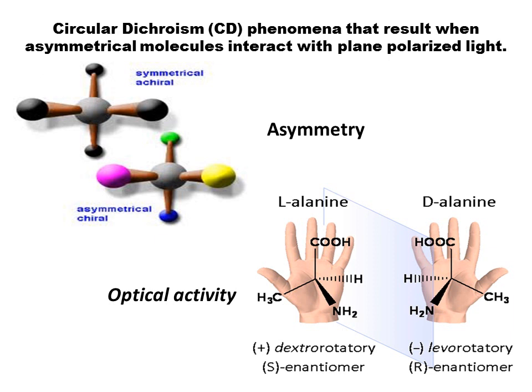So this is asymmetry. Here we have an example of alanine in the levorotatory and dextrorotatory positions, and these can also be described as S and R enantiomers.